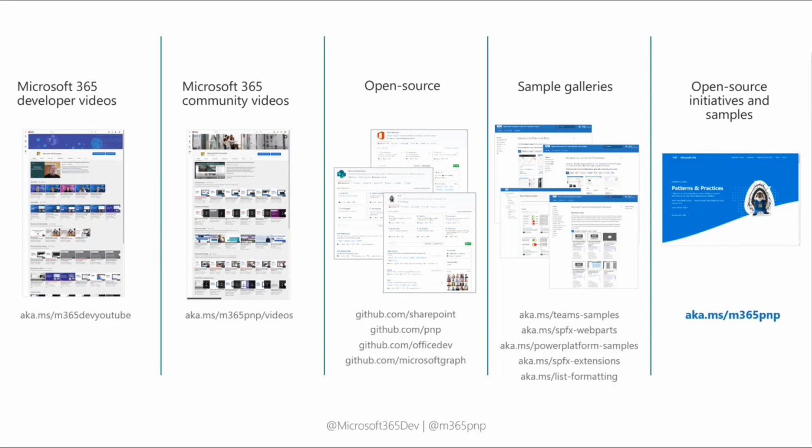You can easily go to one location, search, for example, for Microsoft Teams bot samples, and you will find them, and you can easily filter down those samples which are interesting for you. If you're wondering that there are too many URLs to remember, luckily there's only one URL to remember in the real world, which is aka.ms/m365pnp. That's much better than Google or Bing, right? Everybody should have that as their starting URL in the browser.